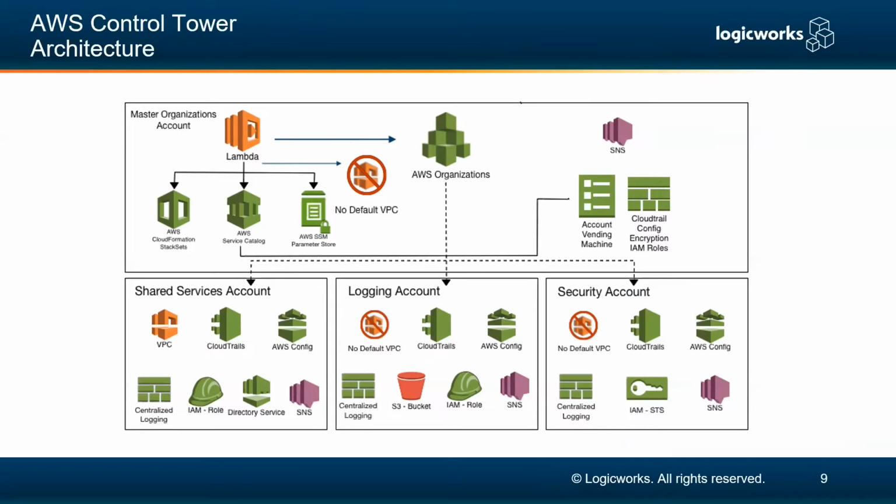This is also where you could put your directory services. In the logging account, you're going to see an S3 bucket for centralized logging, and a security account for our firewall, our IDS, IPS solutions. So you really have an organized approach from the jump on what resources reside where, and how they're going to interact with each other.